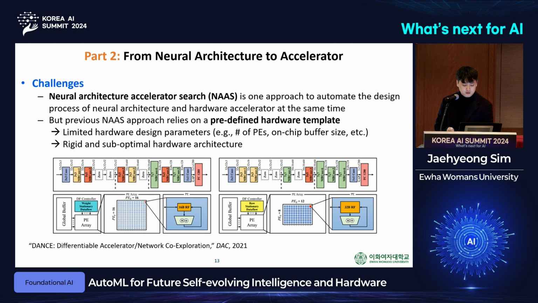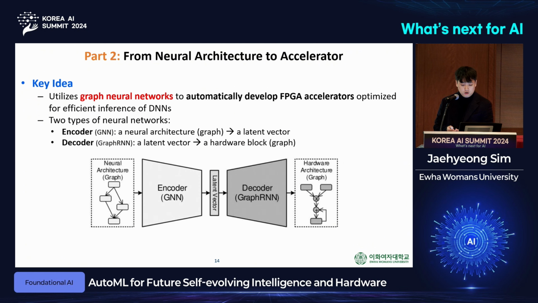We have limited hardware design parameters in this accelerator design, and it results in rigid and suboptimal hardware architecture. So our idea was to utilize graph neural networks to automatically develop FPGA-based accelerators optimized for a specific deep neural network.